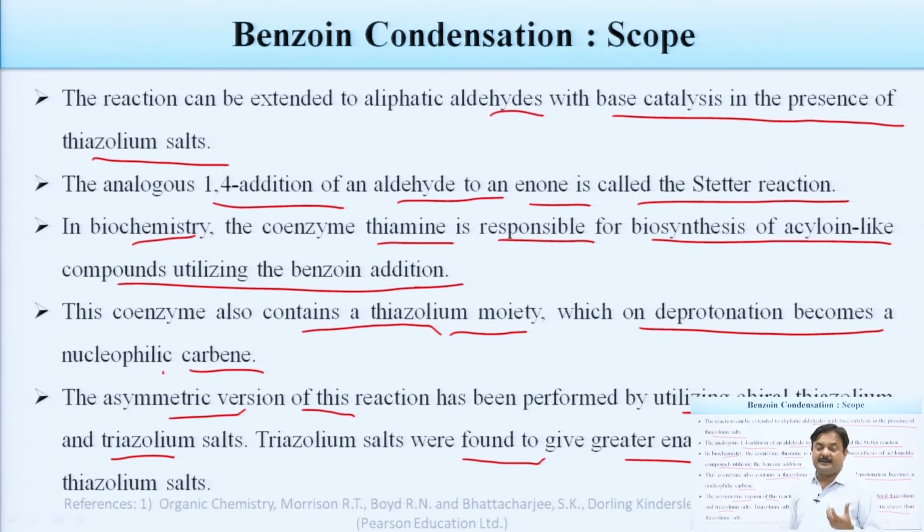So, asymmetric synthesis is very important to get one of the enantiomers in pure form. We can also apply asymmetric synthesis in the case of benzoin condensation by utilizing chiral thiazolium and triazolium salts. Triazolium salts are preferred over thiazolium salts, because by using them we can get more enantiomeric excess, which is very useful for us.